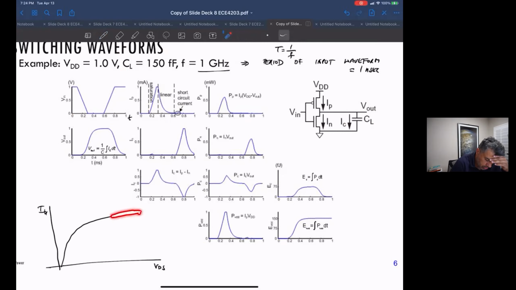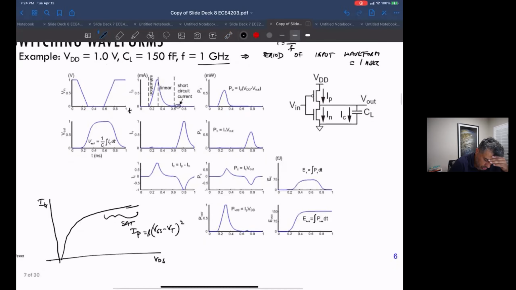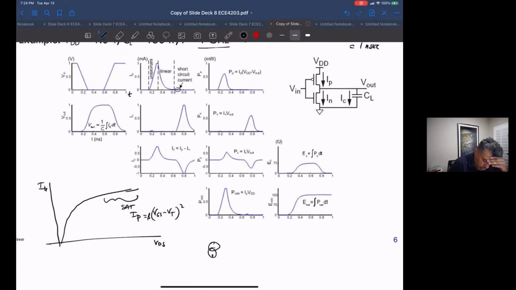The equation here, in saturation, is I_P equals beta over 2 times (VGS minus VT) squared. So it looks like we've got a current source that's charging a capacitor, while we're in saturation.